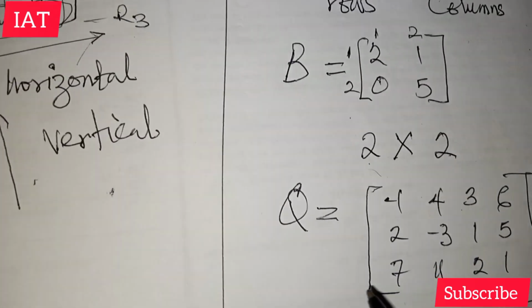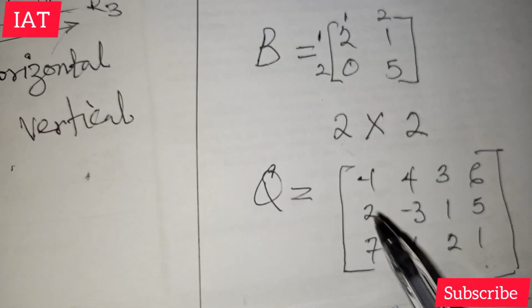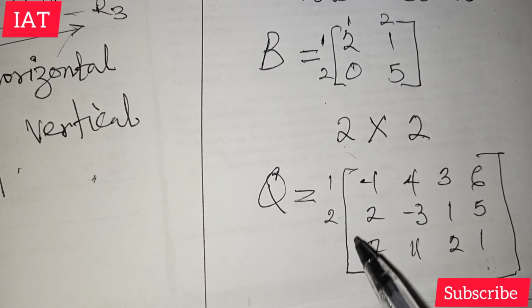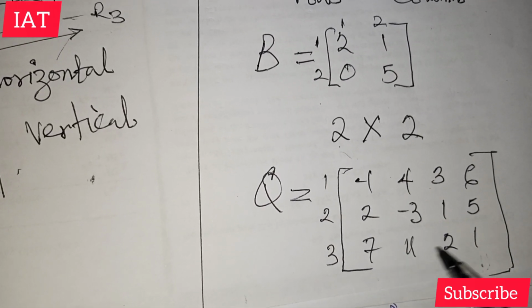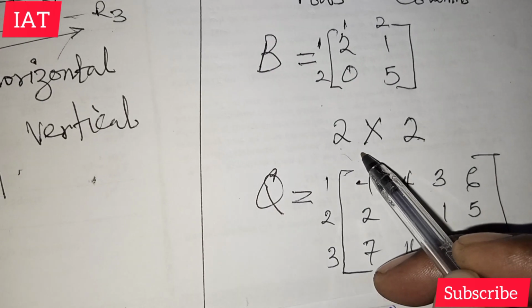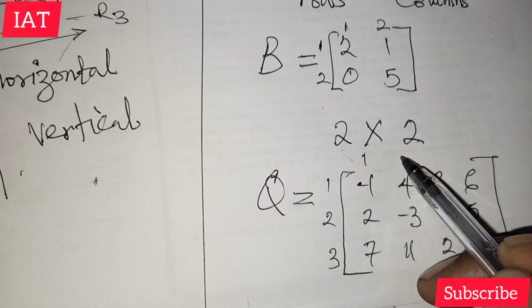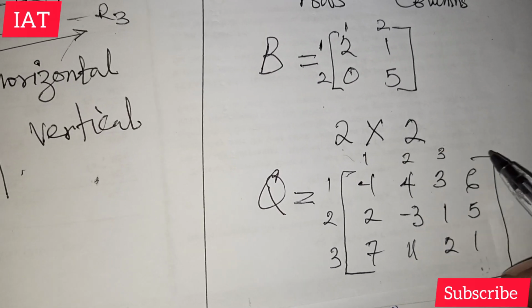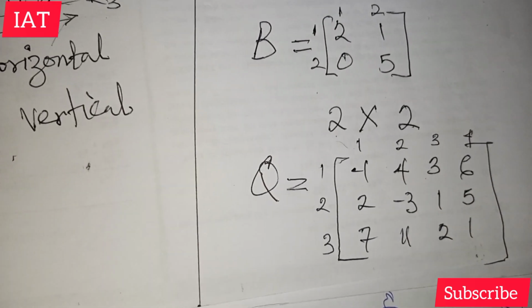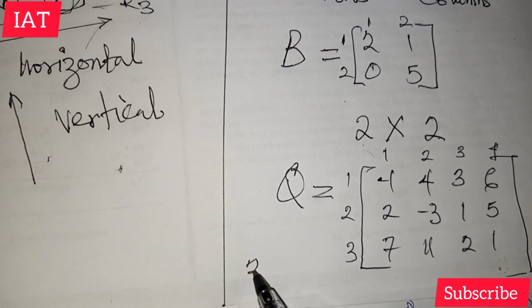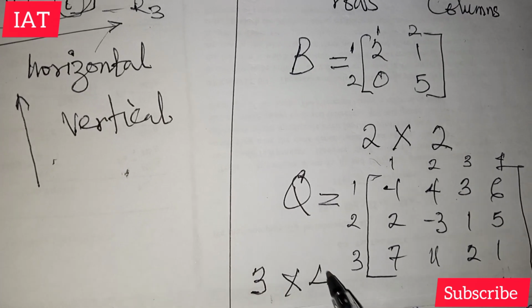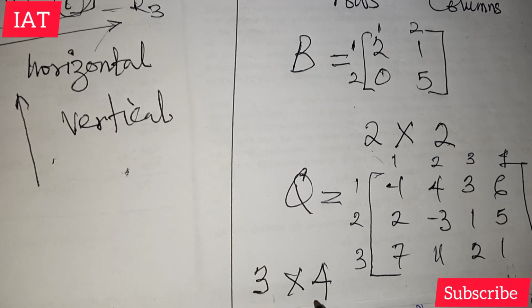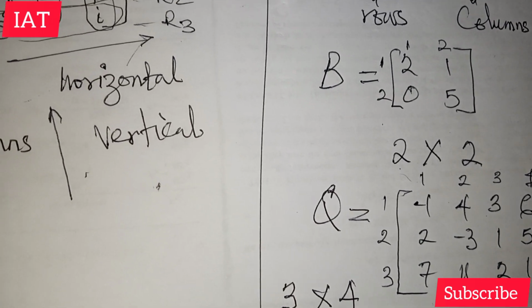So what is the order of this matrix? We have the first row, second row, third row. Now what about the columns? We have first column, second column, third column, and fourth column. So we have 3 rows and 4 columns. This is what we call a 3 by 4 matrix.